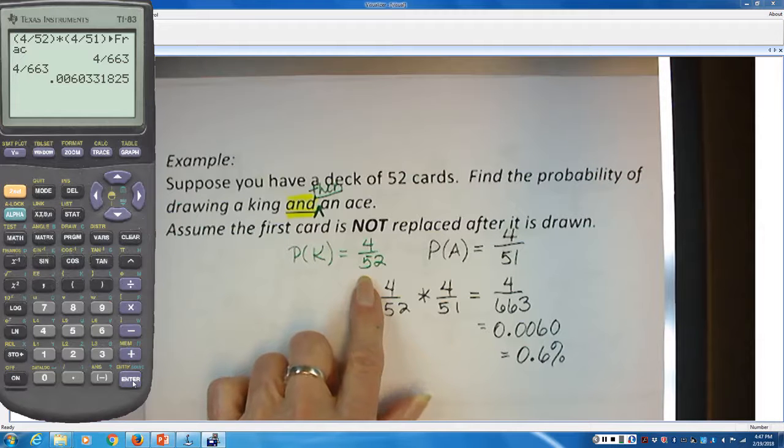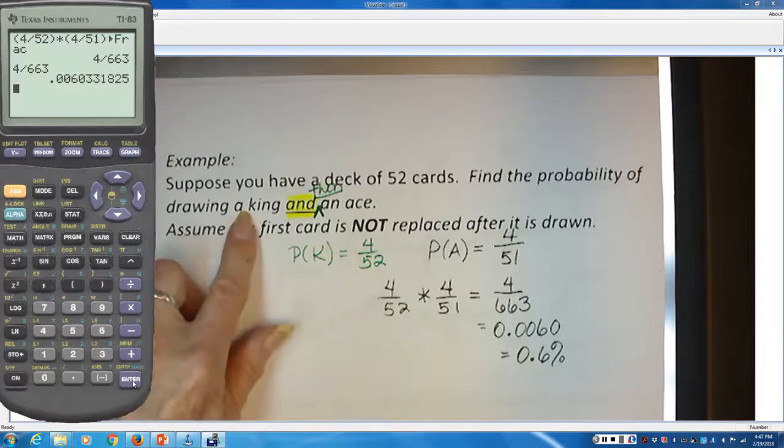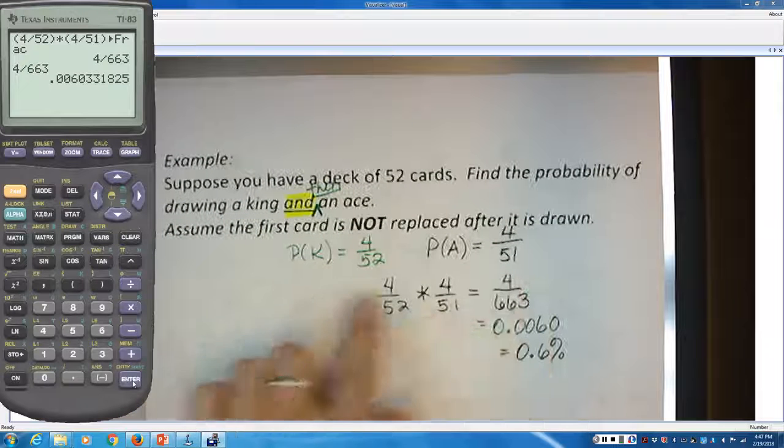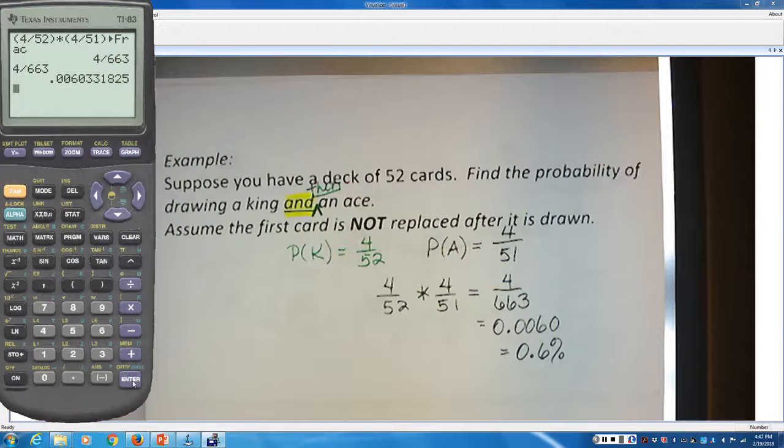But in order to make it plain to you, you have to think about it that I'm going to draw a king and then an ace to realize how you have to make the changes. You have to assume that you drew the first card and got what you wanted. Otherwise, it doesn't matter what the second draw is. You're not going to get a king and an ace. So you have to assume that your first draw, you got what you first said you wanted. Okay?